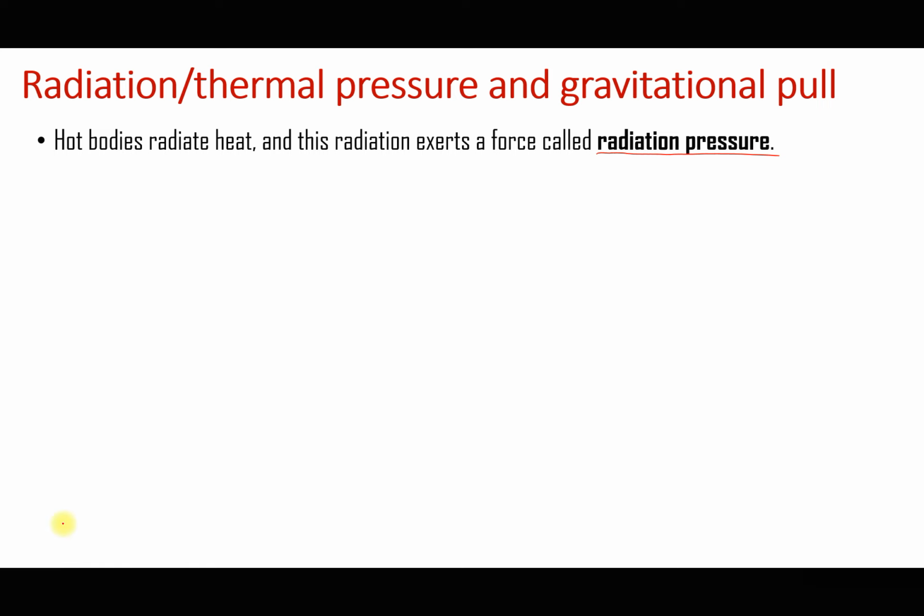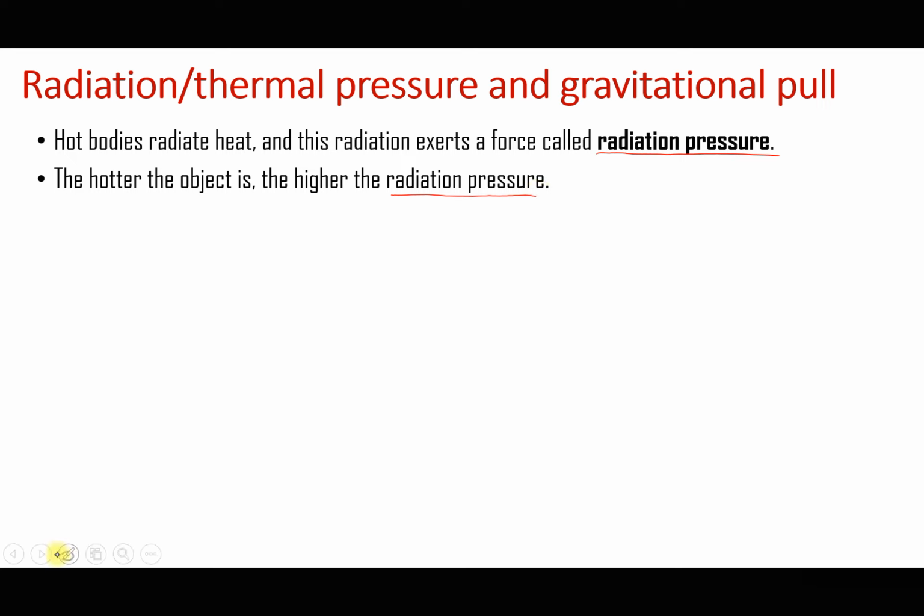The hotter the object, the higher the radiation pressure. So that means as the gases collapse into the core and fusion occurs, generating more energy, the core becomes hotter and hotter, meaning the radiation pressure at the core increases until a point where it balances with the inward gravitational attraction.